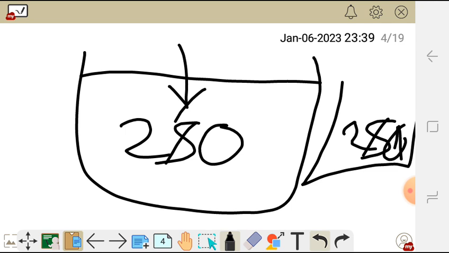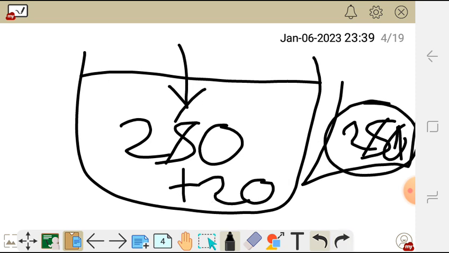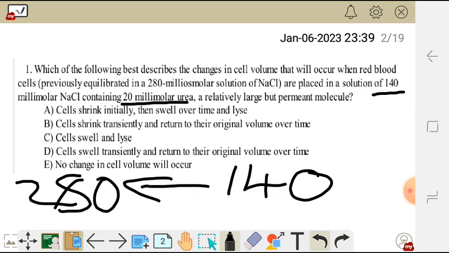But here we have another additional 20, meaning this one is more concentrated than that one. Now the question is, what will happen to the cell? The cell will shrink. Why? Because it is being put in a concentrated 20 milliosmoles of urea, meaning there is an addition of 20 on top of 280.